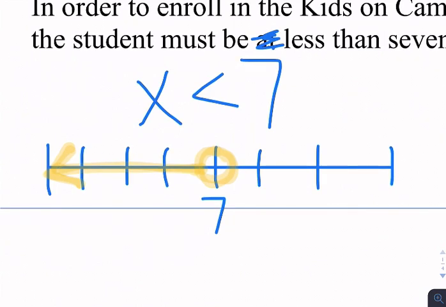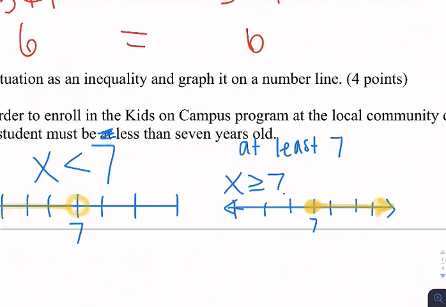answer, x is less than 7, and when I graph it, I have an open dot because it is not less than or equal to, it is only less than, and it's pointing to the numbers that are less than 7. And now some people argued that they read it as at least 7 years old, and that would be okay too. I can agree with that.